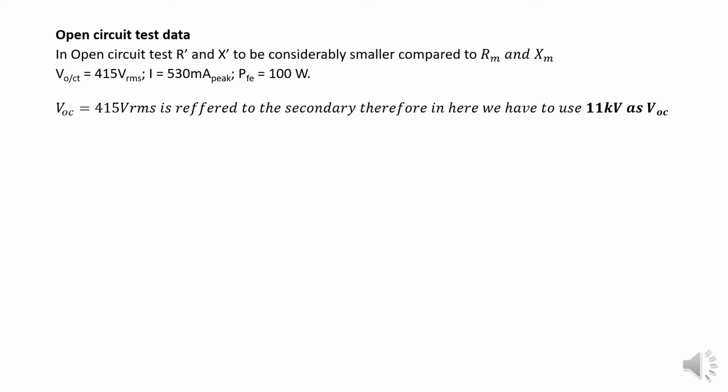Therefore, converting this 415 volt RMS to the primary side, it will be 11 kilovolts. So in the open circuit test, VOC, the open circuit voltage, should be used as 11 kilovolts, not as 415 volts, right?